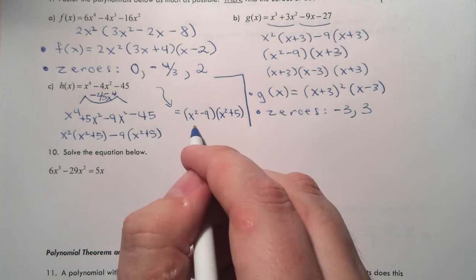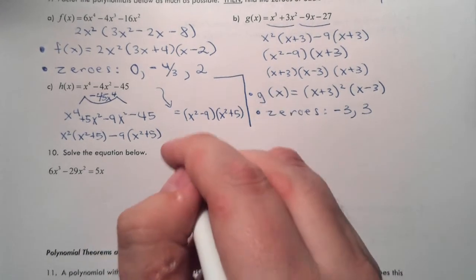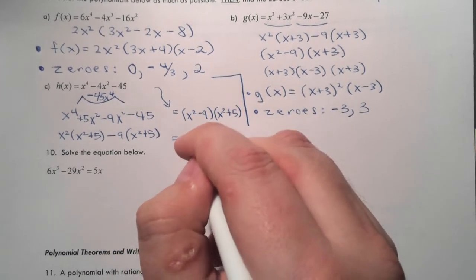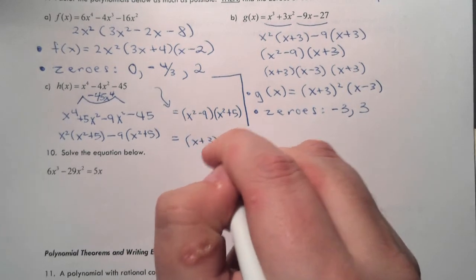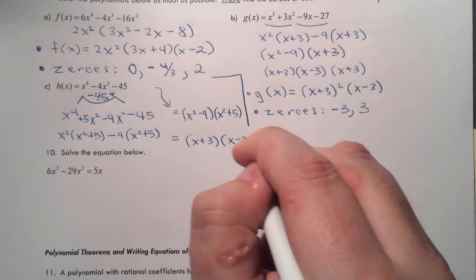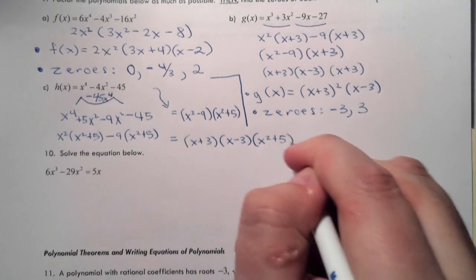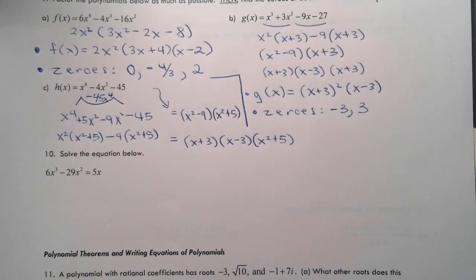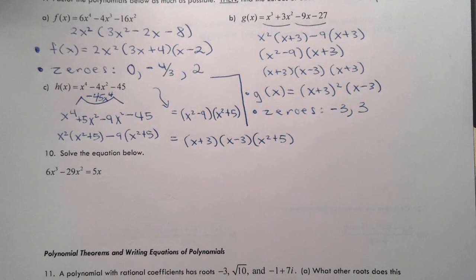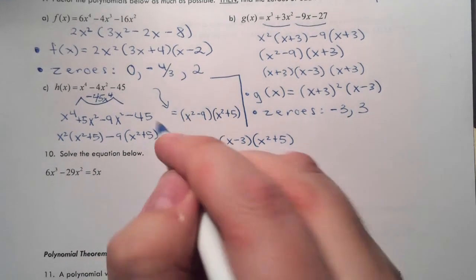Well, x squared minus 9, we factored that just a moment ago. That's another difference of squares. So my factorization would be x plus 3, x minus 3. Now x squared plus 5, not only is that not a difference of squares because it's not subtraction, 5 is not a perfect square. So I have my factorization.